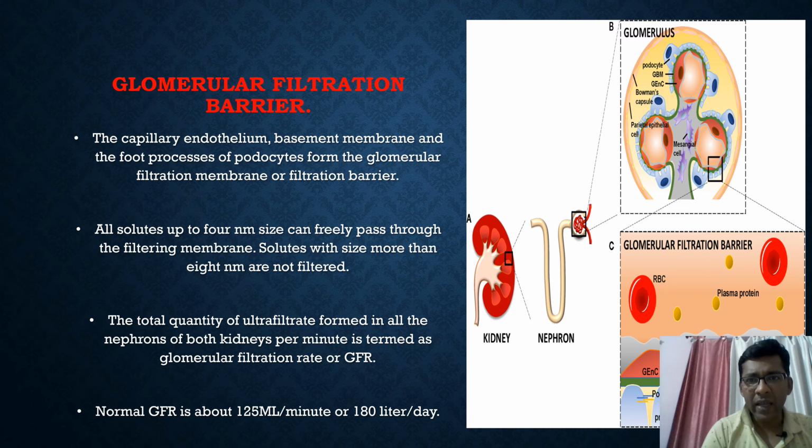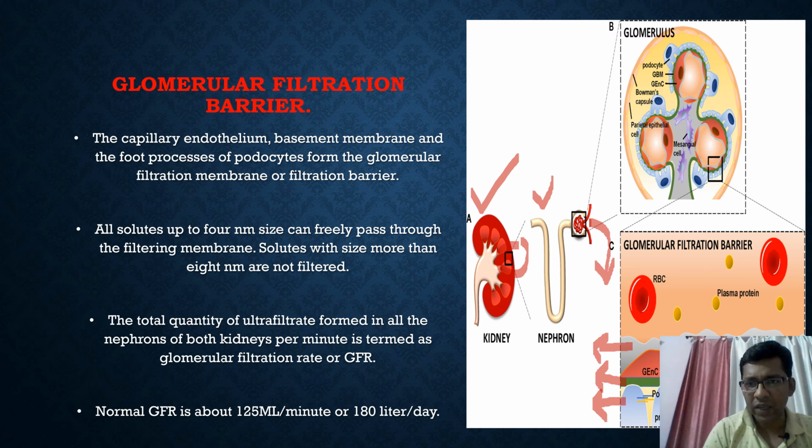This is the kidney. If we take a microscopic cross section of the kidney, this is the nephron, and from the nephron this is Bowman's capsule and glomerulus. This is the microscopic structure inside it, and here we can see this is the capillary endothelium, this green part is the basement membrane, and these are the foot processes of the podocytes.